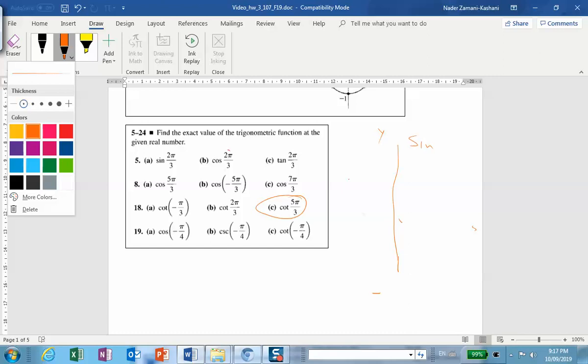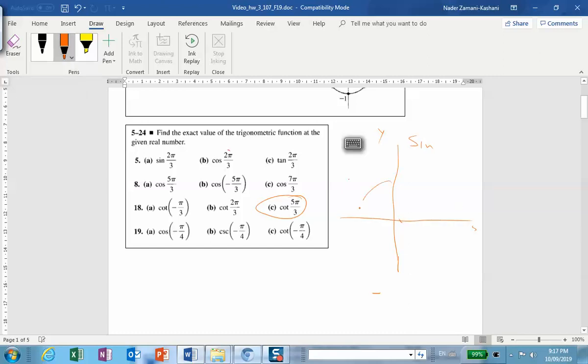There we are. This is cosine. So let's do this one: minus pi over 4. Minus pi over 4 will put you down here. Go in the clockwise direction by pi over 4. Now notice that the reference number for this is pi over 4.